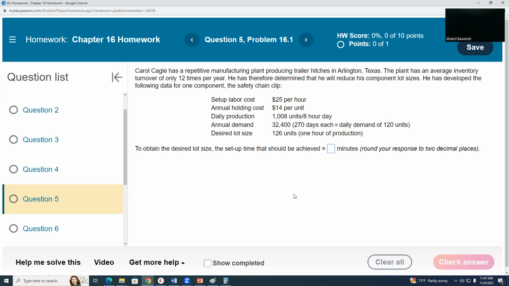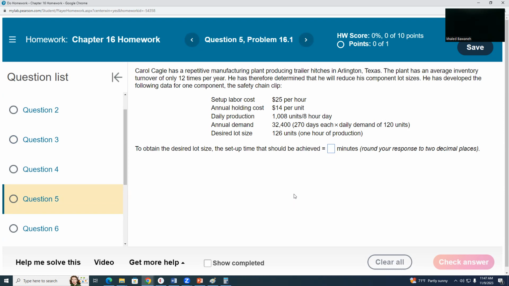Okay, so then it asks how many minutes of setup time should... Oh, they say he and then they say she, right? And they haven't worded it the same way. Where it says annual holding cost on here, it just says holding cost per year. I mean, it's the same thing. Yeah, it's the same. I covered that from the book.